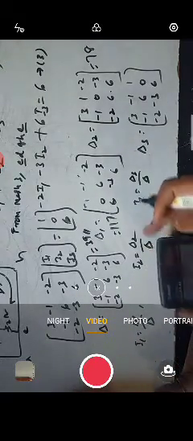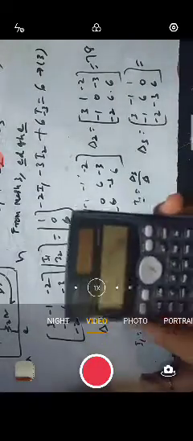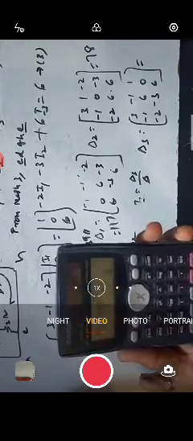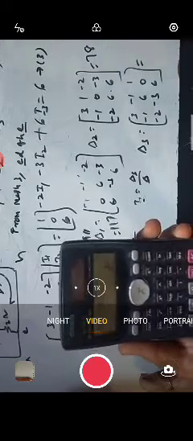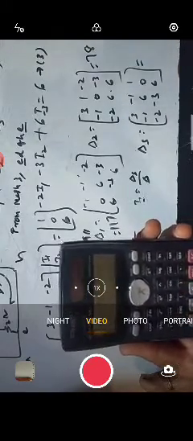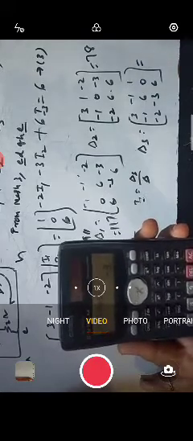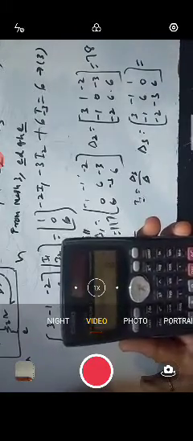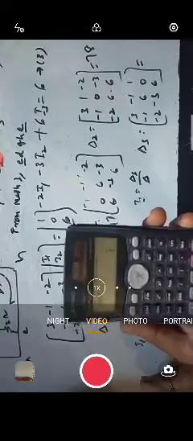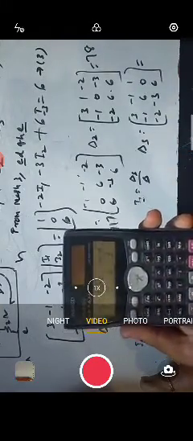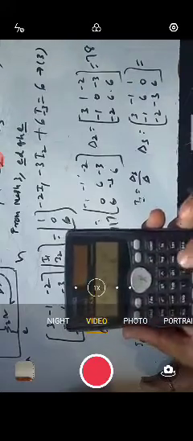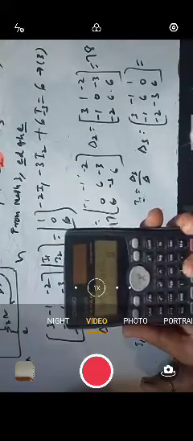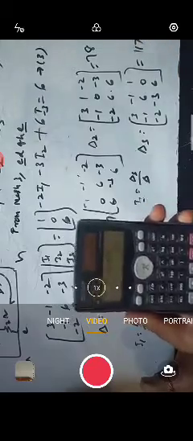Delta 3. Similarly, delta 3, shift matrix, edit, matrix A. First is 3, minus 1, 1, minus 1, 6, 0, minus 2, minus 3, 6, matrix, determinant, open bracket, matrix, syntax error, determinant, matrix 1, 117.